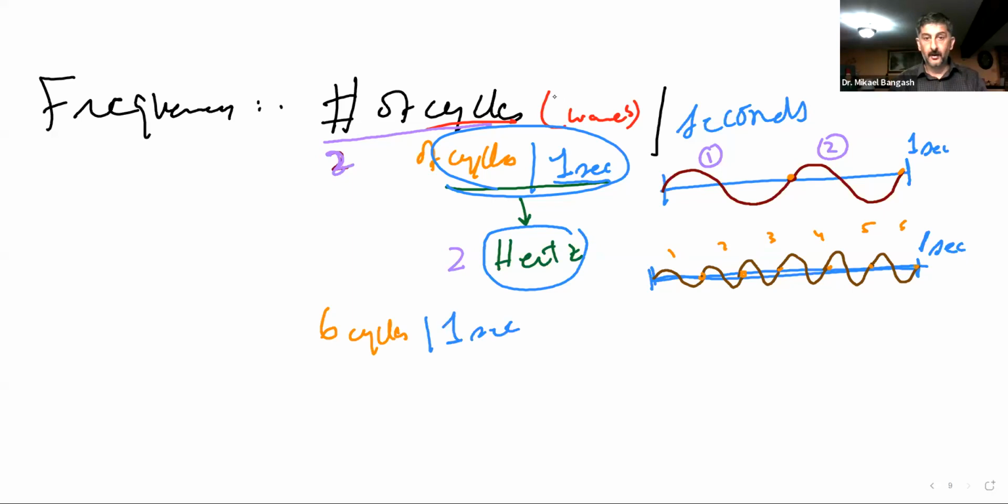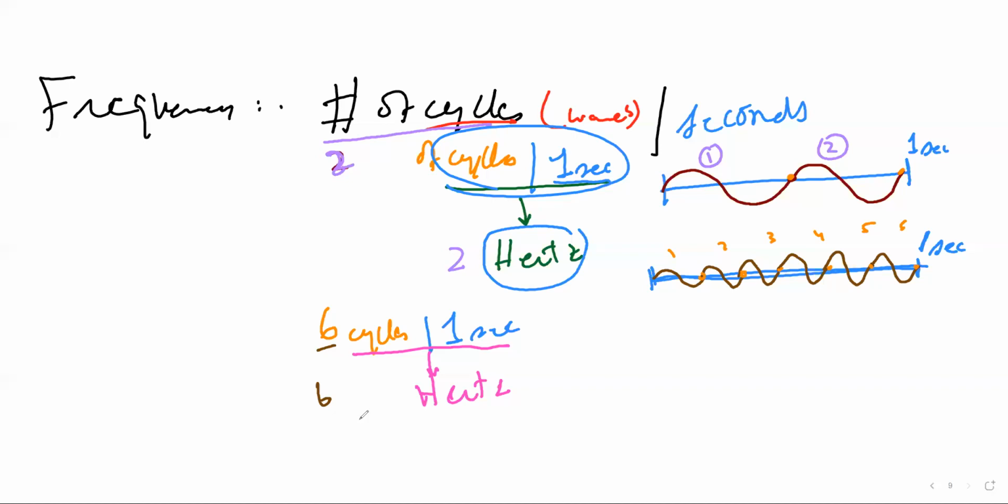The number of cycles per 1 second becomes hertz, so our frequency now is 6 hertz. Did that make sense? Clear?